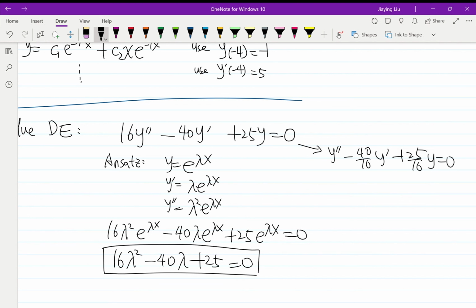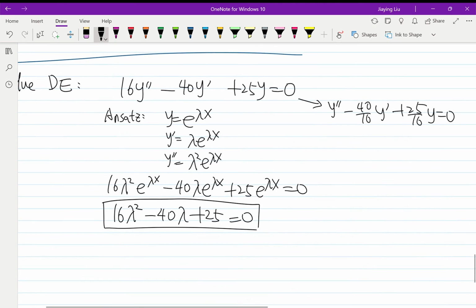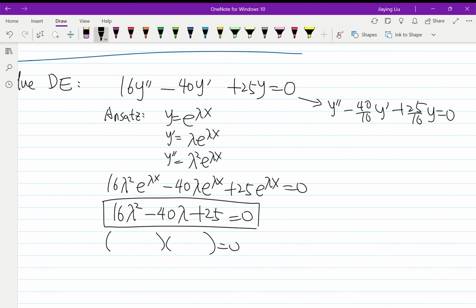It's still going to be a quadratic equation. You might have to think a little bit harder when you factor it, but you can always try to use the quadratic formula. If you don't like the way it is, you can just divide by 16 to make it look like lambda squared minus 40 over 16, which simplifies to 5/2 lambda, plus 25 over 16, which is 5 over 4 squared, equals 0.